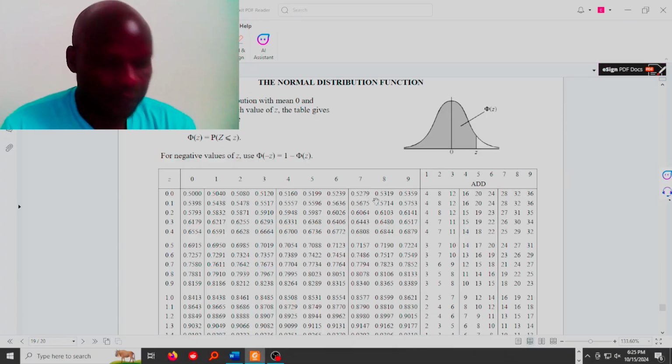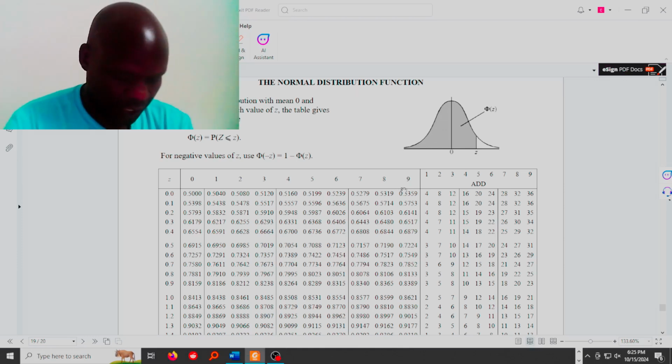Well, now the Z values that we are given, the Z value that corresponds to when the reading is 210 kgs is 0.4545.